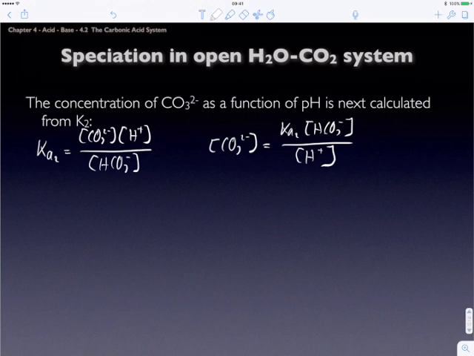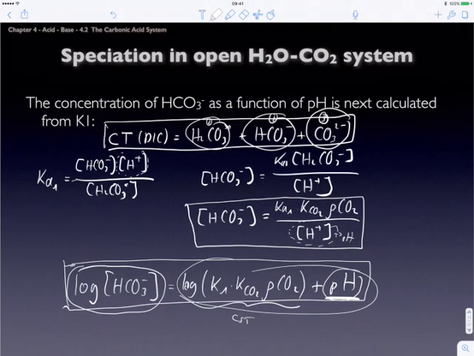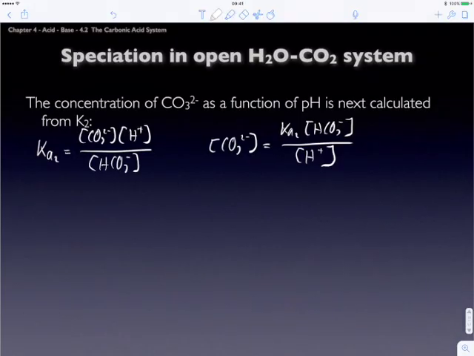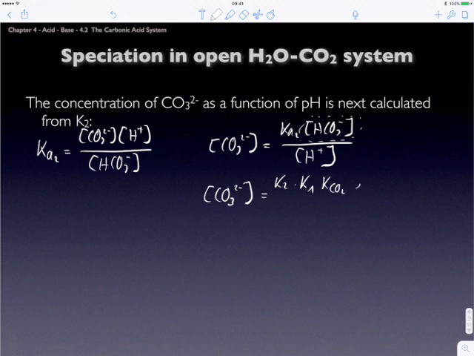And we just calculated the concentration of bicarbonate here, so you can substitute in this equation again, and that will give you CO3 2 minus equal K2 times K1 times KCO2 times PCO2 divided by the concentration of H plus squared.